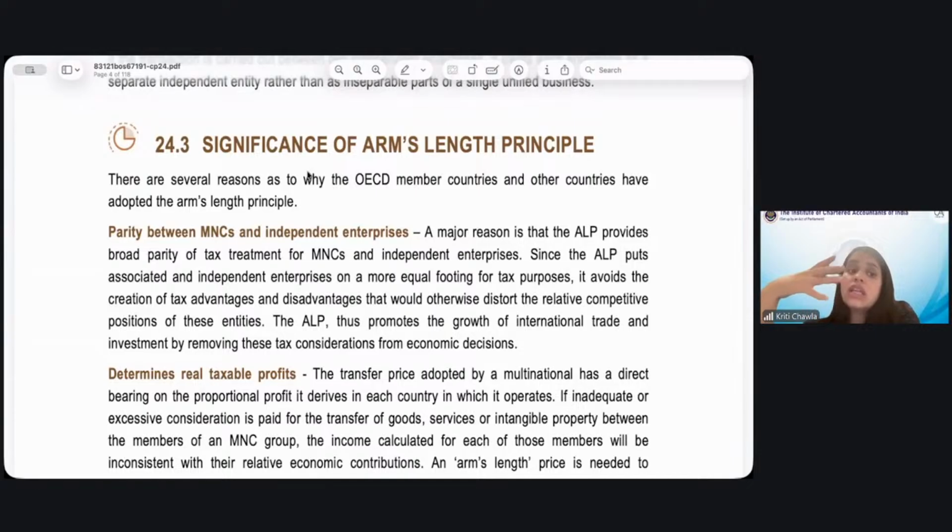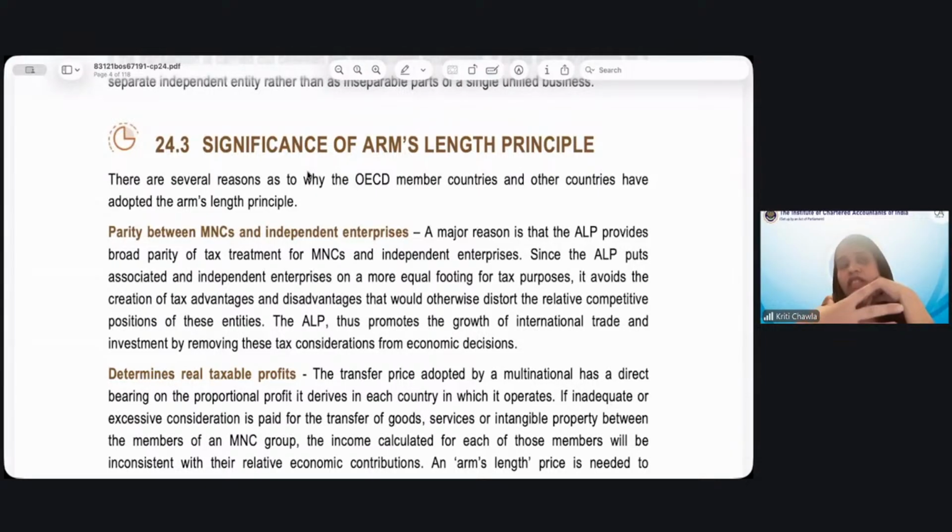So what exactly are the reasons why all these nations are adopting the arm's length principle? Well, the first one is there has to be a parity between the multinational companies and the independent enterprises. The reason is that the arm's length principle basically mimics independent enterprise behavior.